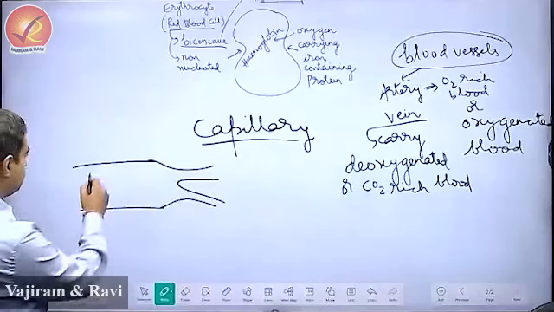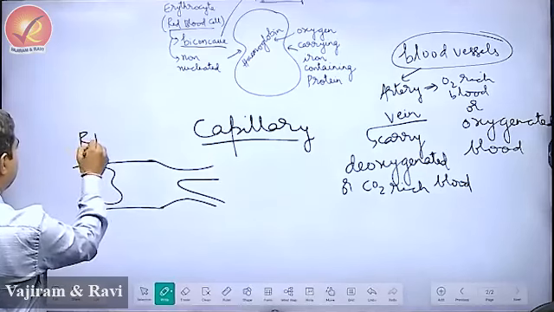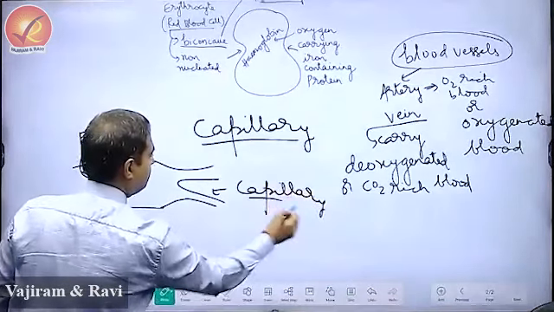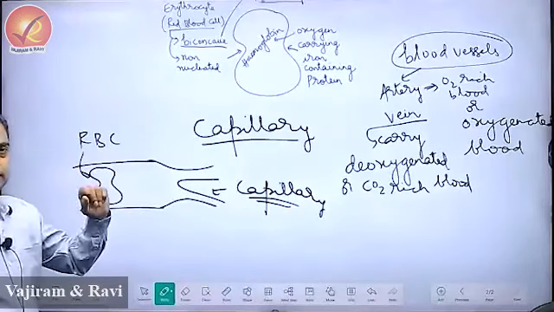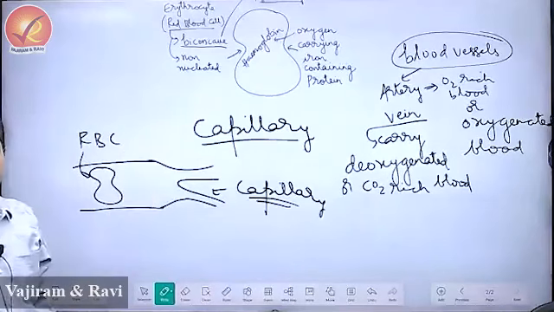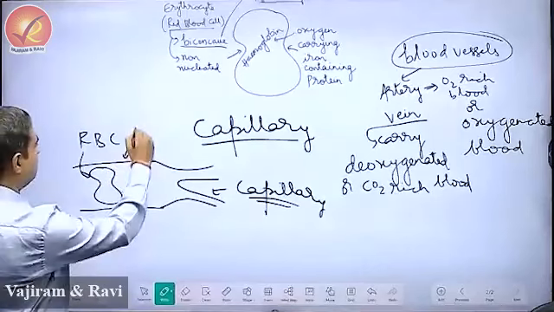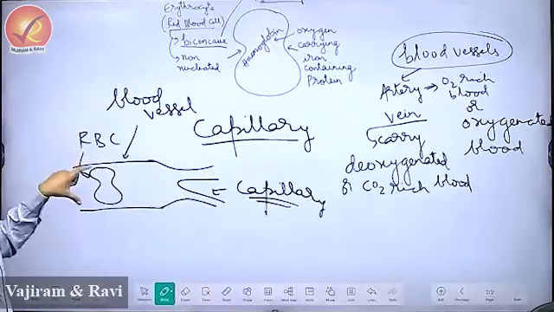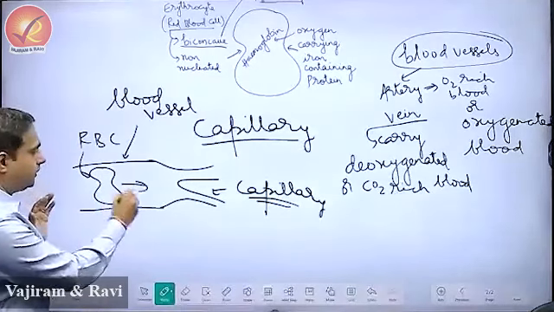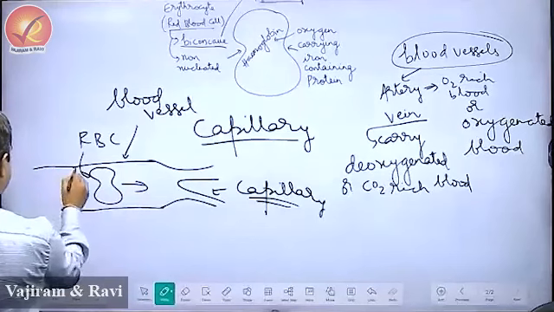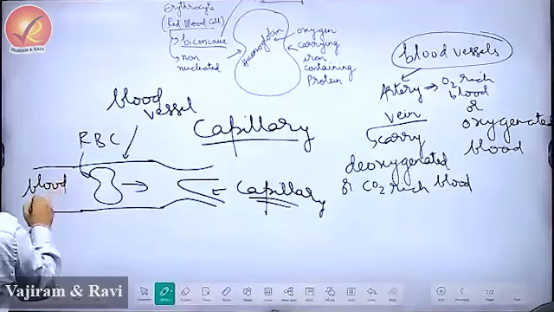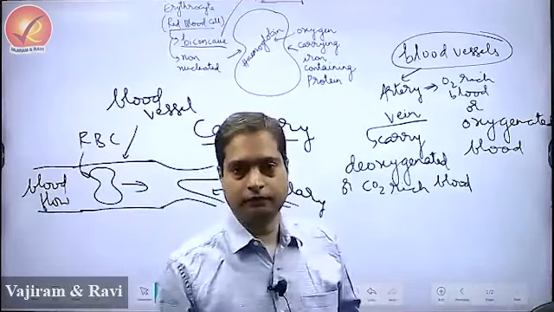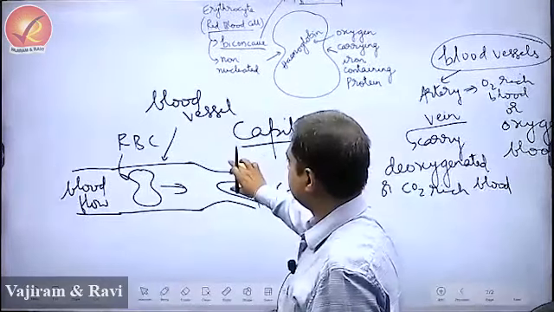When the diameter narrows down, and this is your RBC, suppose we say that these are capillaries.